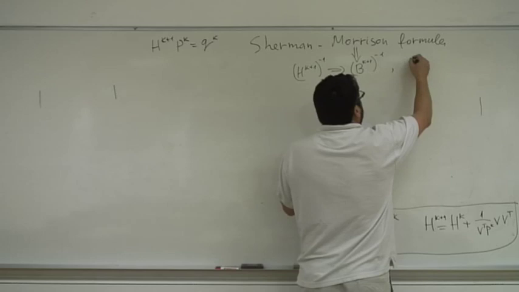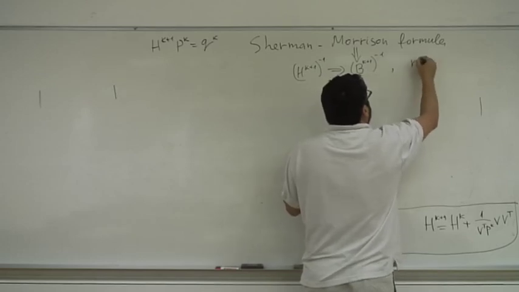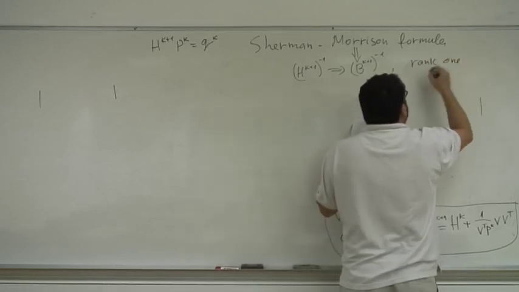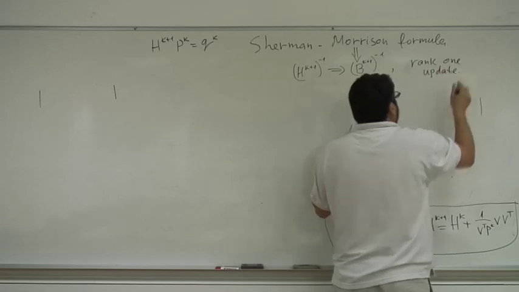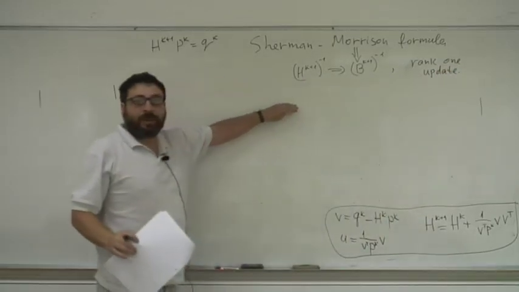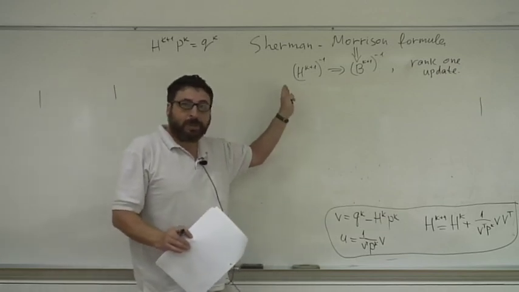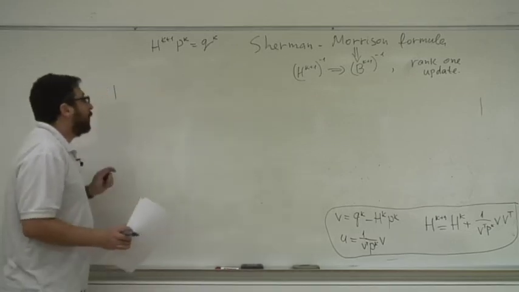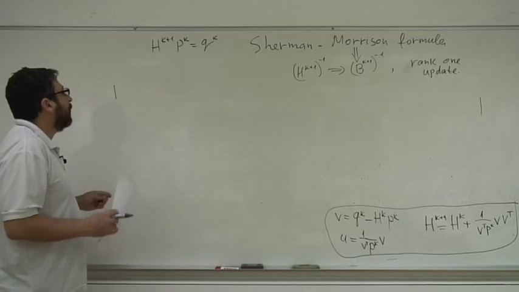And I will say rank 1 update. I will not give it here, but you can find it in books, for example, Bertsekas books on nonlinear optimization. Here we will do a much simpler thing.